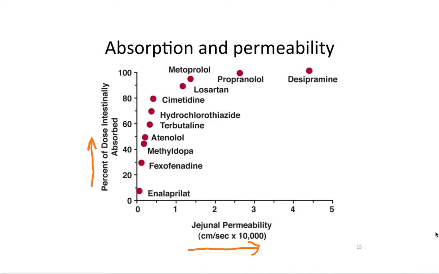It's a way of looking at how molecular size can correlate to permeability. What is shown here is that drugs with permeabilities less than 1 times 10 to the power negative 4 centimeters per second are likely to be incompletely intestinally absorbed.